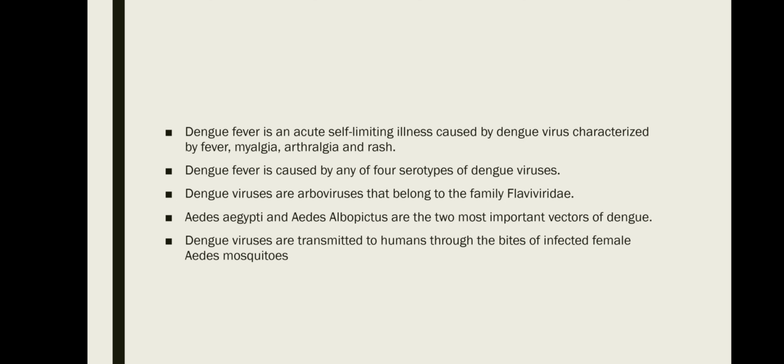This dengue virus has four serotypes. The four serotypes are DEN-1, 2, 3, 4, and any of these serotypes can cause dengue fever. This dengue virus is an arbovirus, and it belongs to the family Flaviviridae. These are all MCQs.